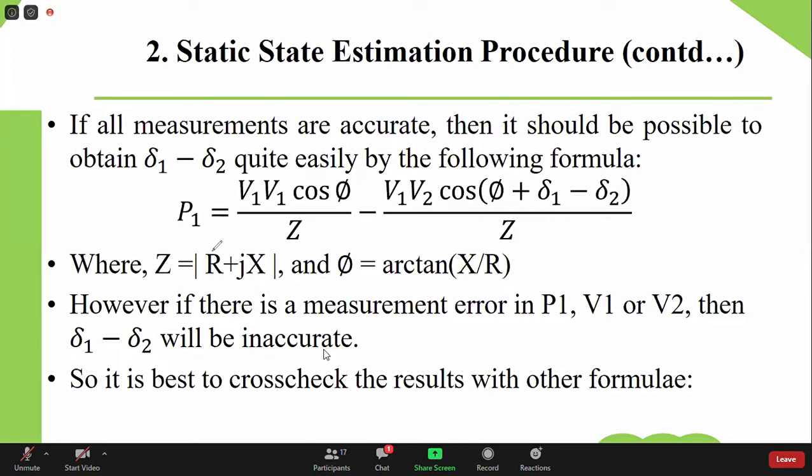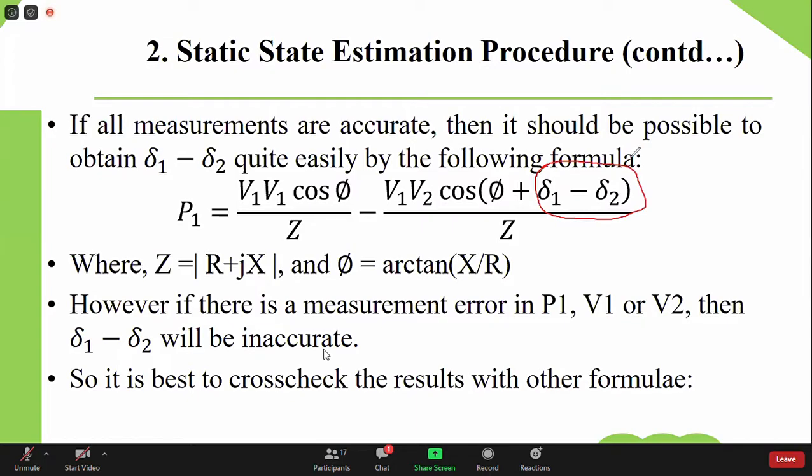If you are not taking the reading of P1, V1, and V2 correctly, then you will not get the correct value of del 1 minus del 2. As engineers, we never take the reading accurately, right? If it comes 1.01 something, then you will assume that 1 is correct. But if you do like this, you will not get the accurate one.